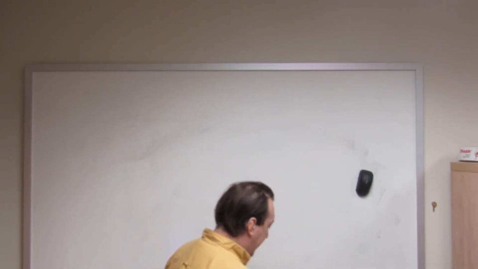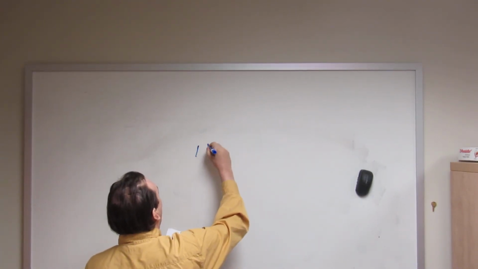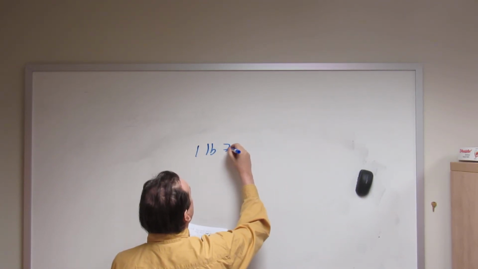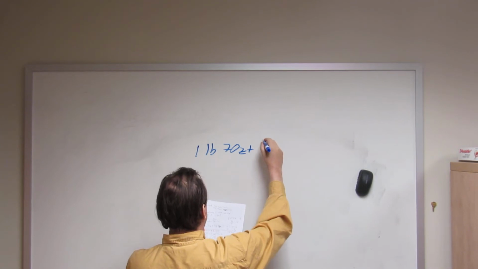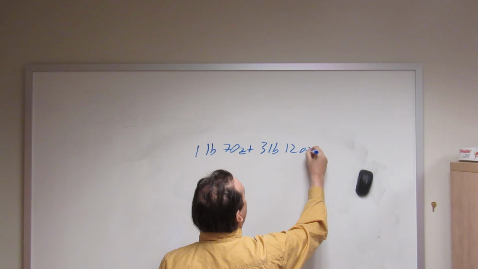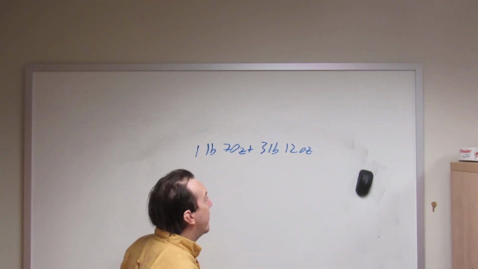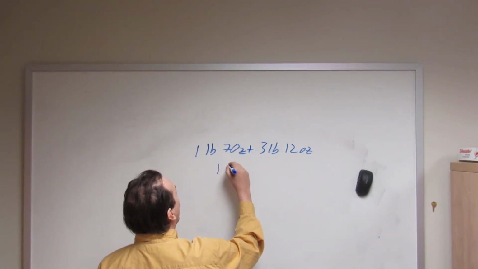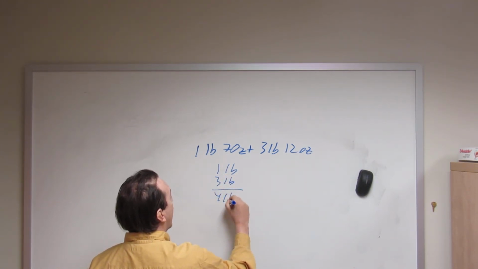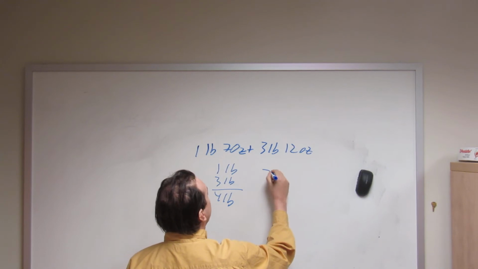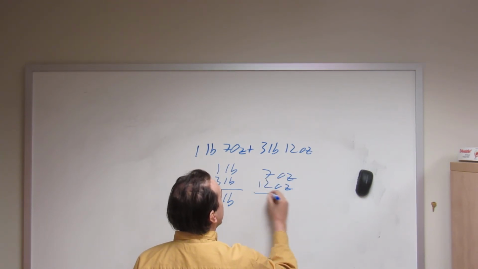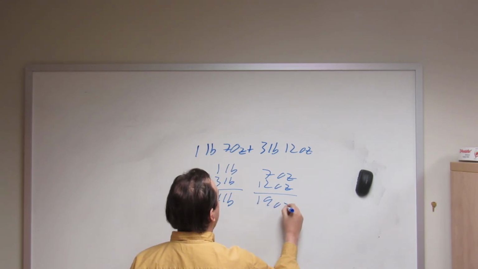Okay, now let's say that we have something like 1 pound, 7 ounces, plus 3 pounds, 12 ounces, and we need to add those together. We'll add the pounds, 1 pound and 3 pounds. That's 4 pounds. And then we have 7 ounces plus 12 ounces is 19 ounces.